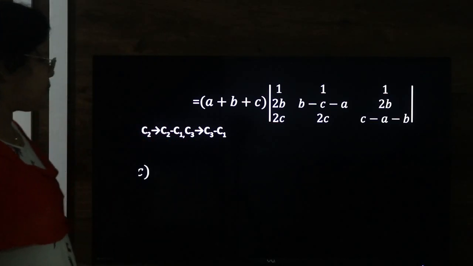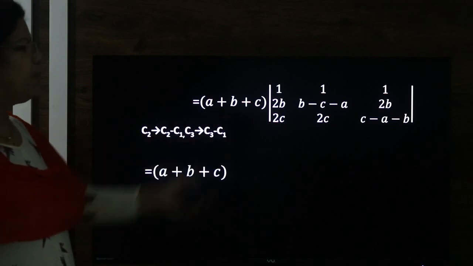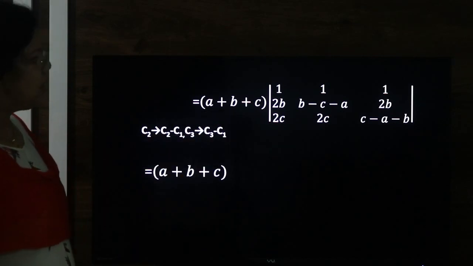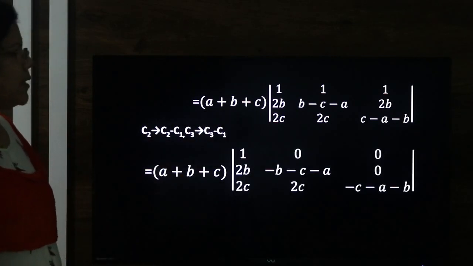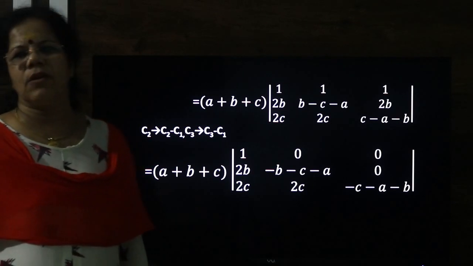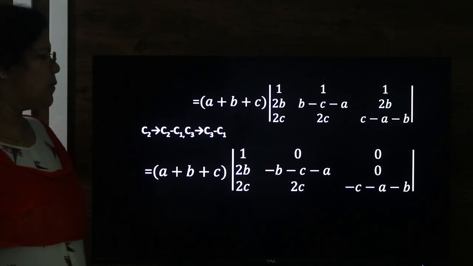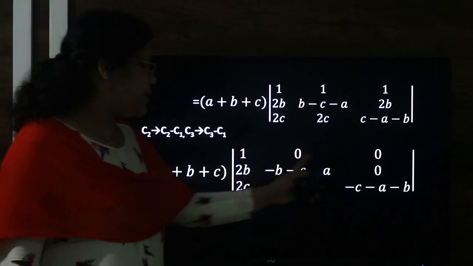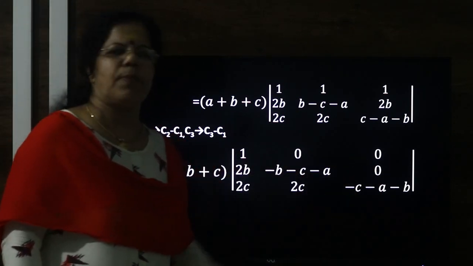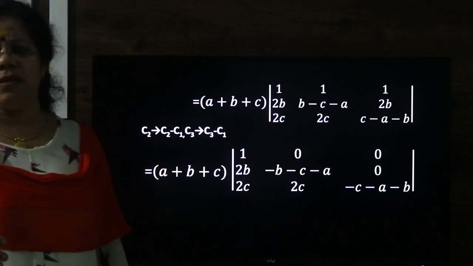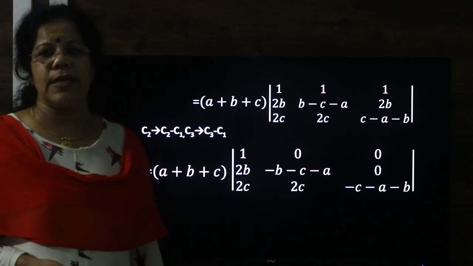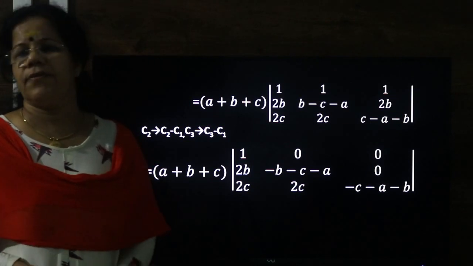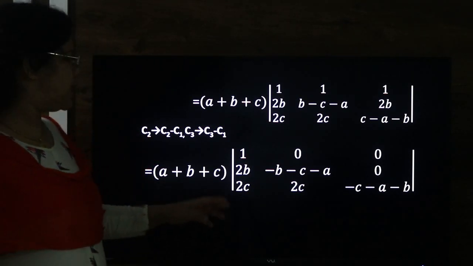Now let us see. Once again a plus b plus c outside it is there. So the second column and third column first entries become 0. So now using the first row you can expand. No need of doing again and again some operation and simplifying. Here itself you can stop and expand it. What will happen?